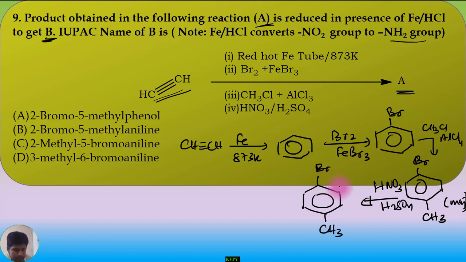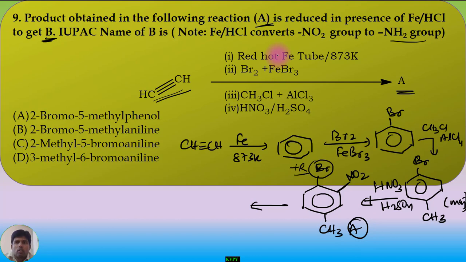Because the bromo group is going to show plus R and it's going to be ortho-para directing, that will dominate. So as a consequence, NO2 will come at the position ortho to the methyl, para to the bromo group. So this one is our A.